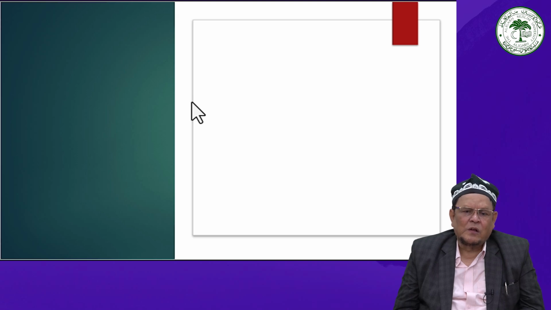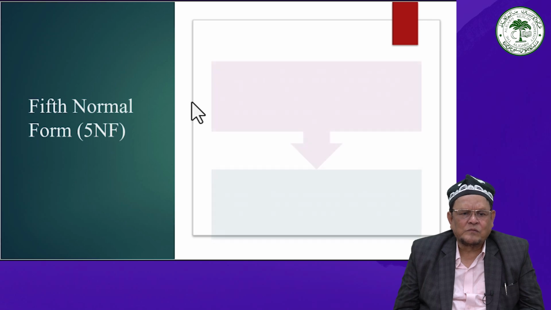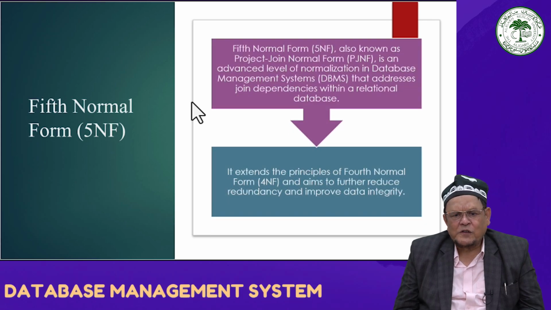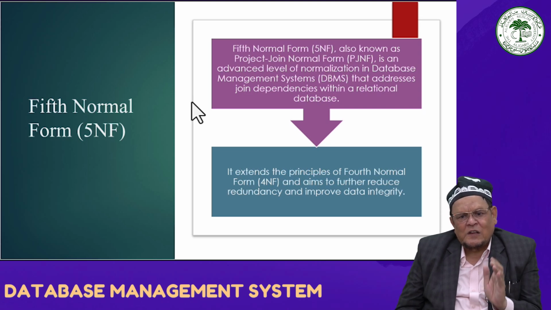So the last one, the fifth normal form, we'll discuss here. Fifth normal form, also known as project-join normal form, is an advanced level of normalization in database management systems that addresses join dependencies within a relational database.